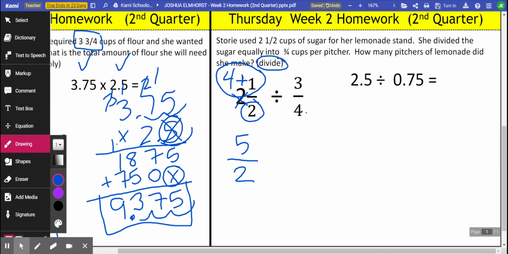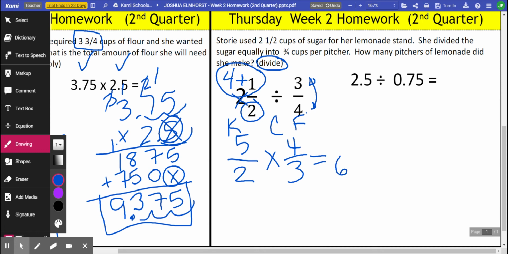Since we are dividing fractions, we're going to keep the fraction the same, change the division to multiplication, and then flip to the reciprocal. So this fraction, 5 halves divided by 3/4 is actually 5 halves times 4/3.